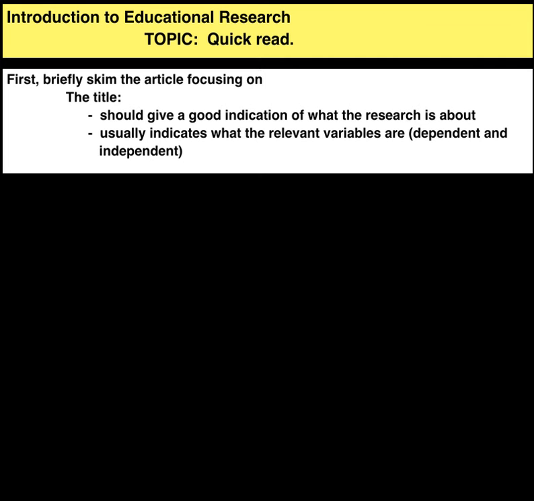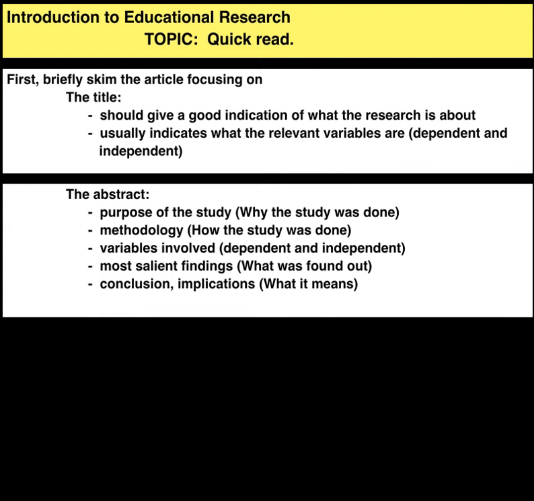Well, let's take a look at the characteristics of an abstract. An abstract generally, now these are general, not all abstracts will contain everything exactly the way it is spelled out here, but in general this is what a good abstract would have. It would have the purpose of the study, or why the study was done.